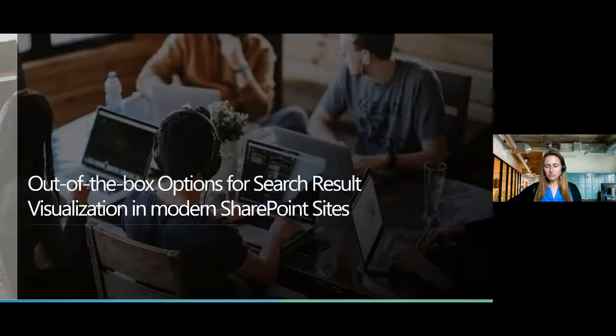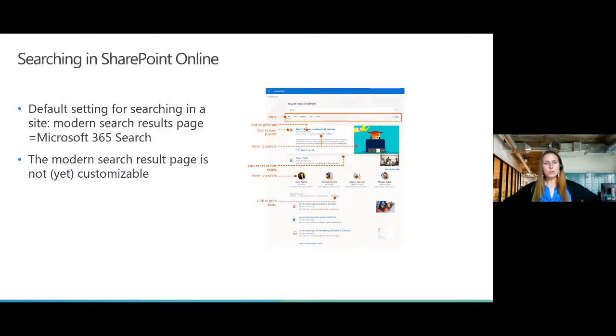So let's see what out of the box options for search results visualization we have in modern SharePoint sites. So first of all, searching in SharePoint Online. When we search in SharePoint Online, the default setting for searching in a site is the modern search results page. So as soon as I'm searching, I'm getting a results page that is the Microsoft 365 search.